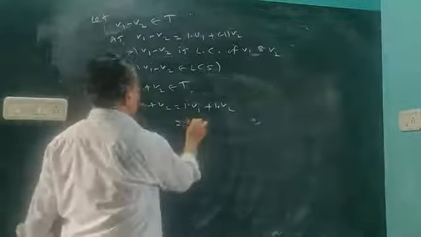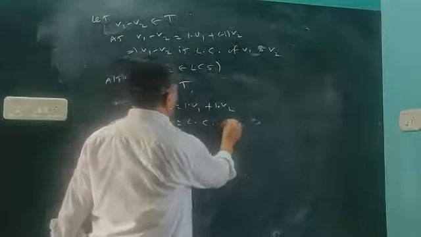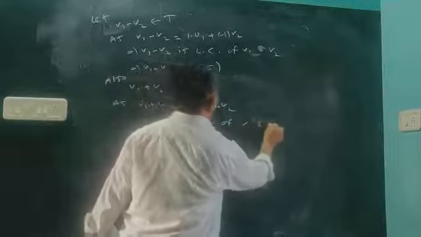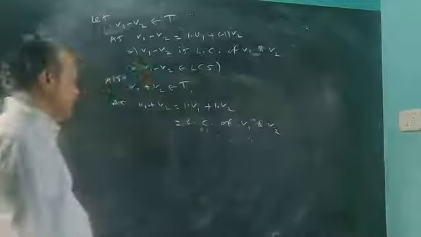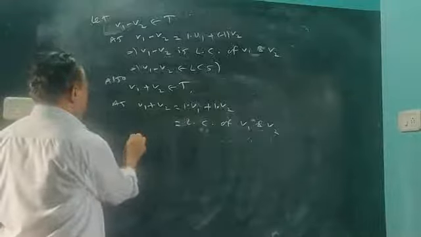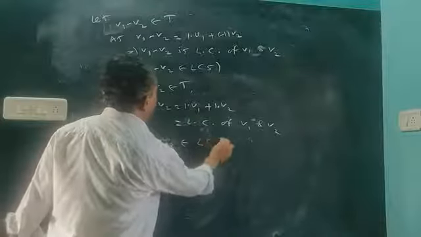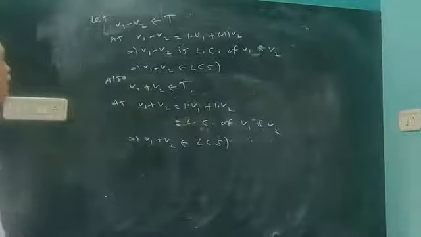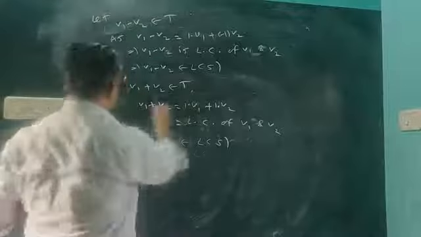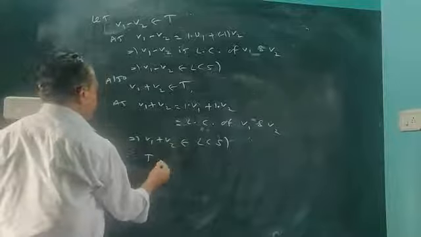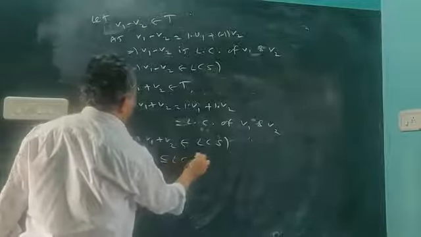It is a linear combination of V1 and V2, elements of S. Therefore V1 plus V2 belongs to the span of S. Therefore T is a subset of L of S.